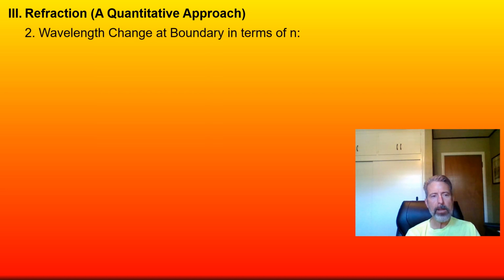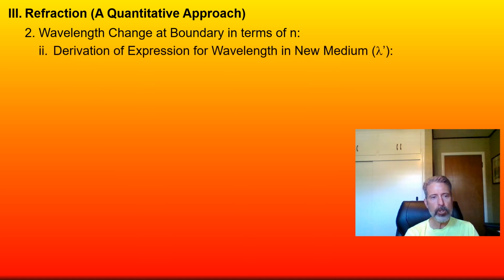We can use the wave equation to tell us how the wavelength changes at the boundary in terms of the wave speed. But what we would like to do is derive an expression for the wavelength change at the boundary in terms of the indices of refraction of the two media, the incident and the refractive medium. So let's quickly do that.